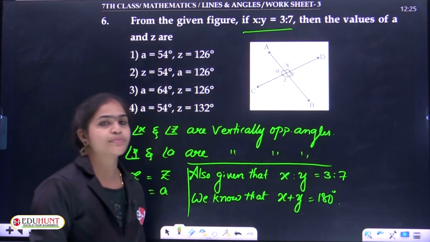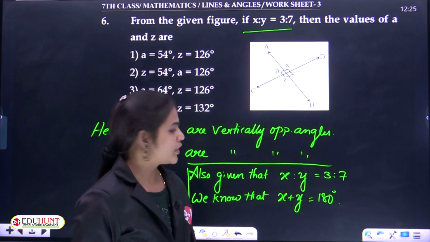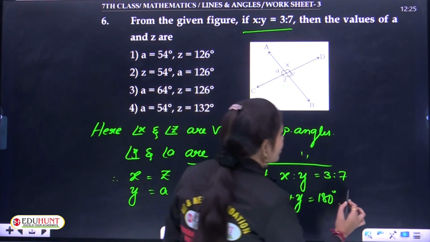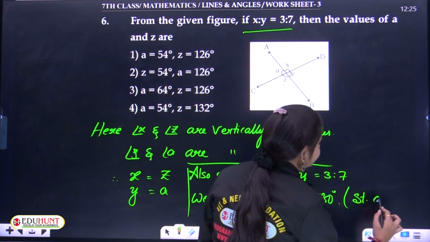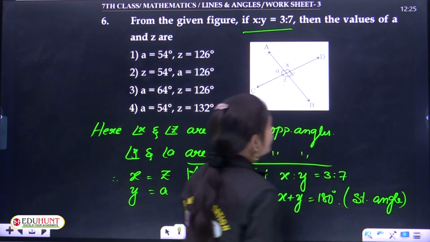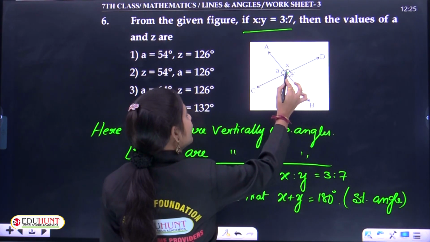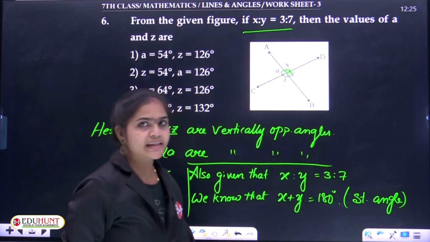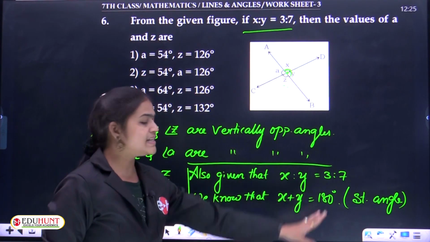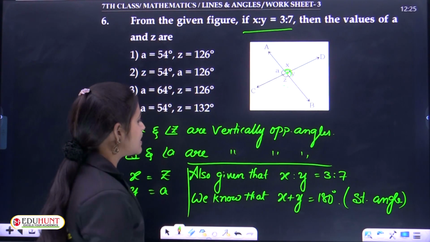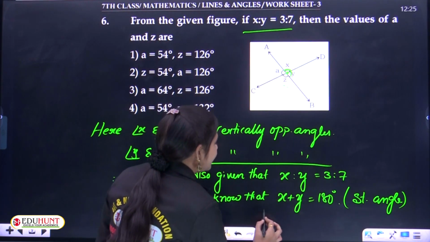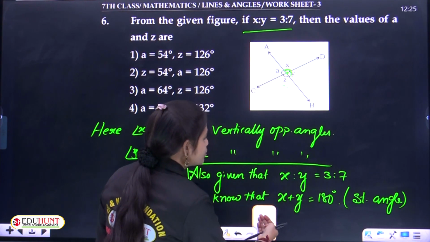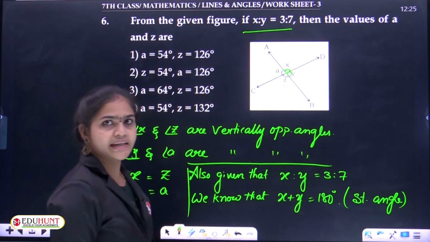Why? Because X plus Y lies on a straight line, a straight angle. At that point, the total angle is 180 degrees only. That's why X plus Y is equal to 180 degrees. As per this, 3X plus 7Y is equal to 180 degrees.